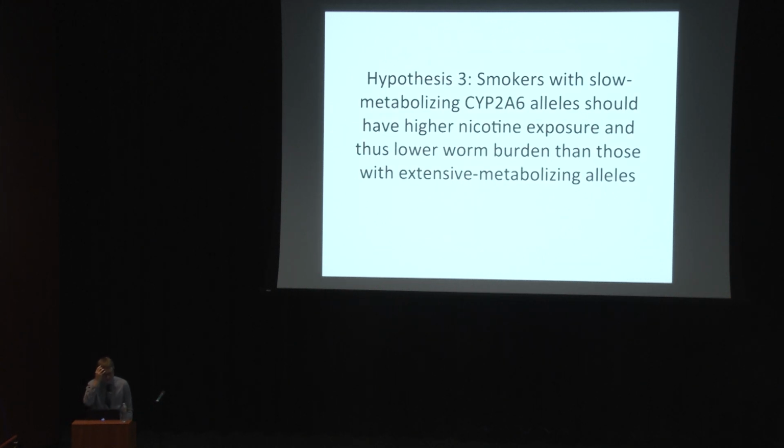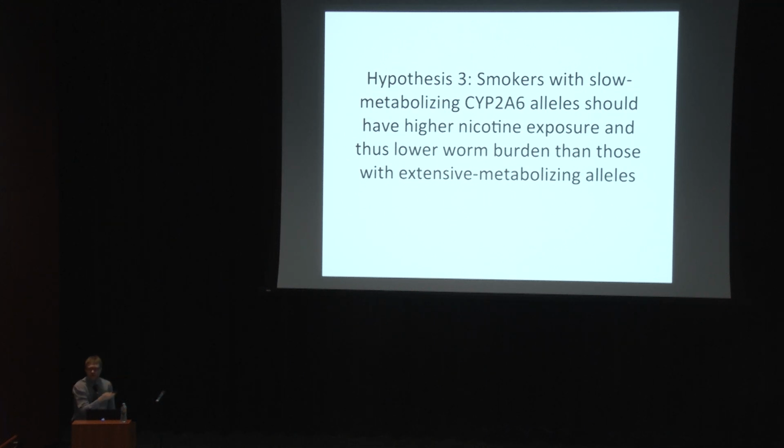So hypothesis 3. I've talked a little bit about xenobiotic metabolizing enzymes and their role in detoxifying the body, clearing out drugs from the body. And with nicotine, it's these cytochrome P450 2A6 alleles, or otherwise CYP2A6, right here.